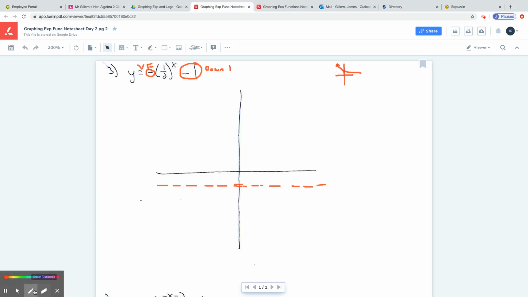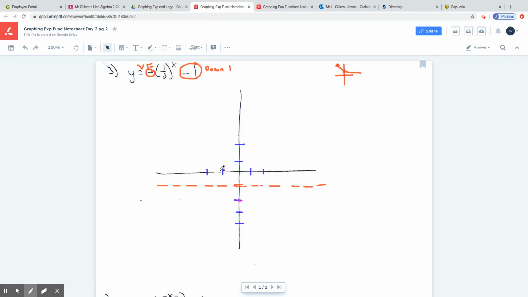So let's just label a few points here. Normally 0, 1 is a point. We have a vertical flip that would put it at 0, negative 1. So it's a vertical flip that flips over the x-axis. Then move it down 1, so we're at 0, negative 2.